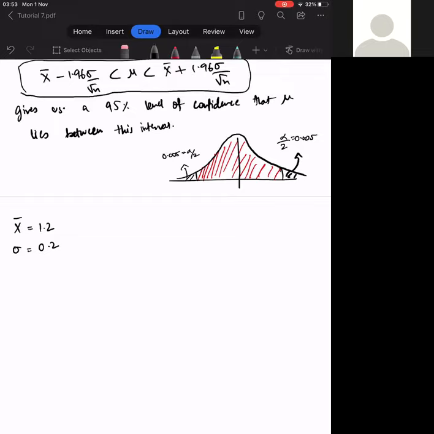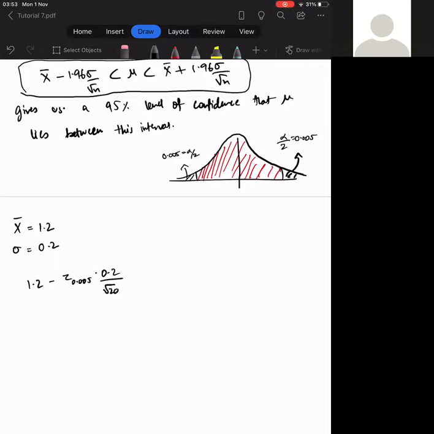Using the general interval we have above, I can say that mu should be between 1.2 minus some z value that corresponds to 0.005, times sigma, which is 0.2, and n is 20 since we have a sample of 20, so under root of 20.